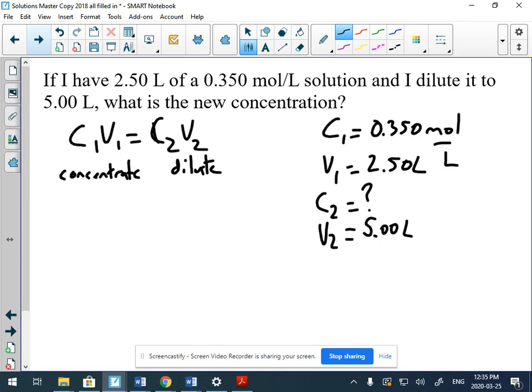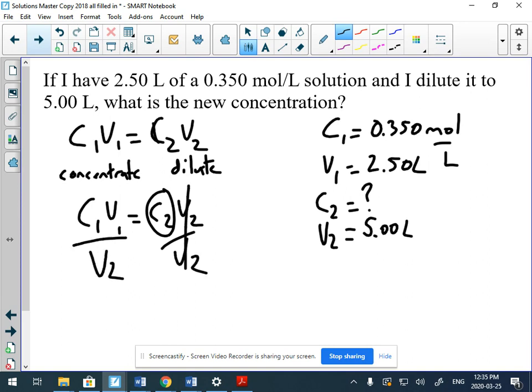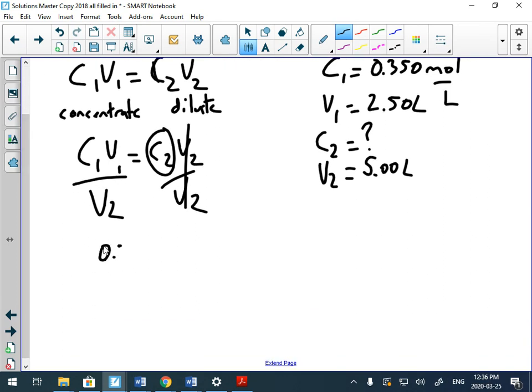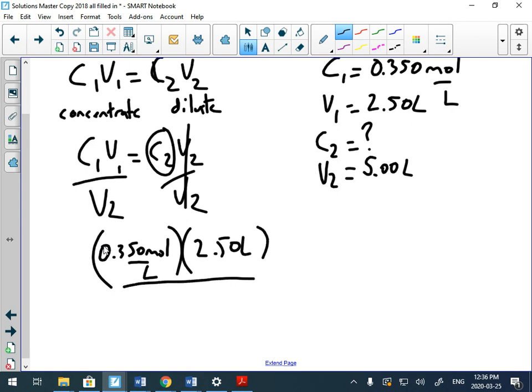So when I set this up and rearrange, C1V1 is equal to C2V2. I'm solving for C2. I'm going to get rid of the stuff on the right-hand side, which is V2. Dividing both sides by V2, I get C1V1 over V2. So when I throw my numbers in there to solve this now, I get 0.350 moles per liter, and I'm going to times that by 2.50 liters over 5 liters, and I wind up with 1.